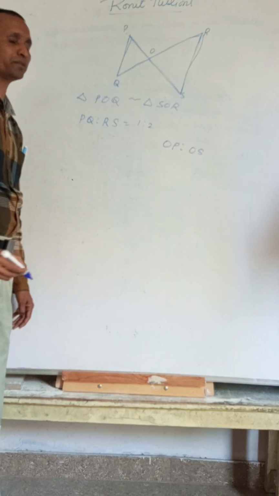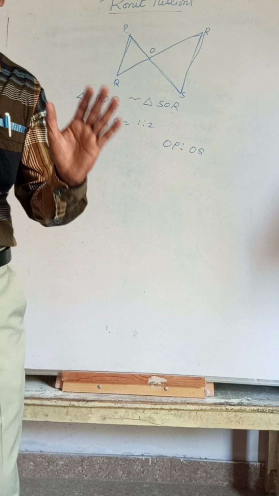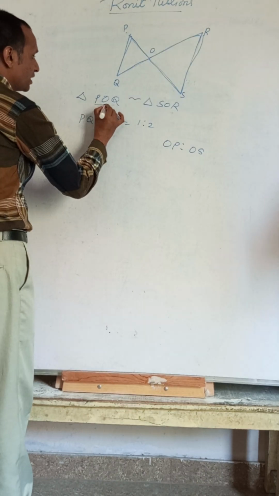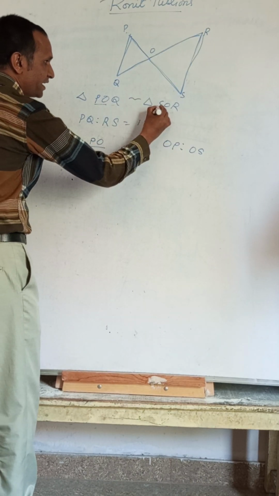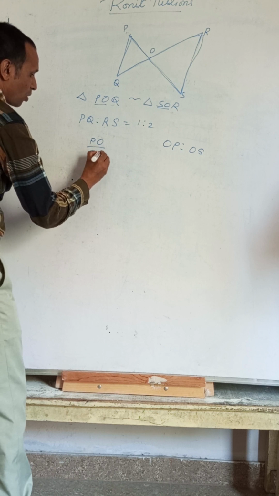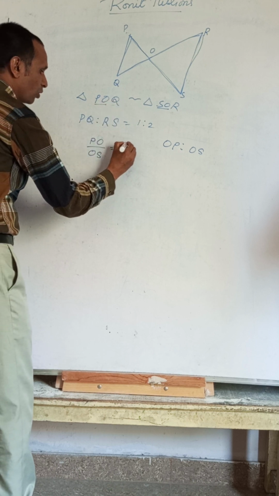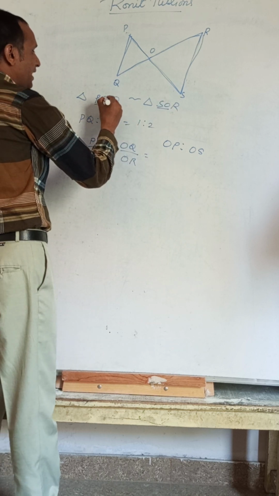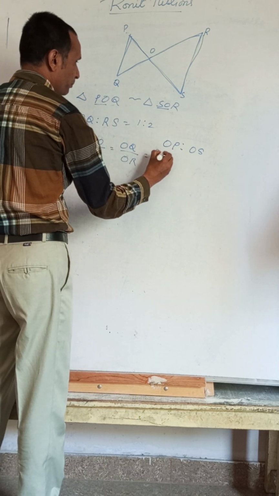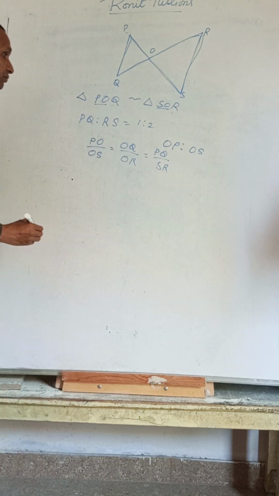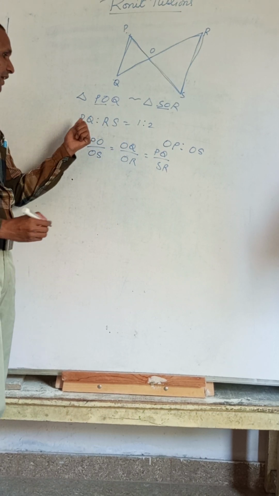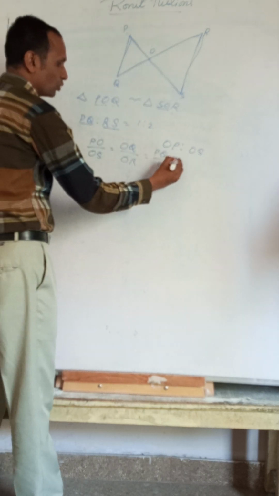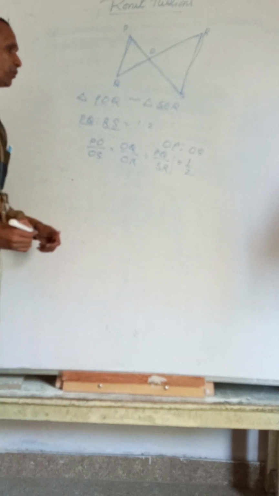If the triangles are similar, then their sides are always in proportion. So we can write it like this: PO by SO is equal to OQ by OR, and on the other side PQ by SR. It is already given that PQ to RS is 1 is to 2, so it is equal to 1 by 2.